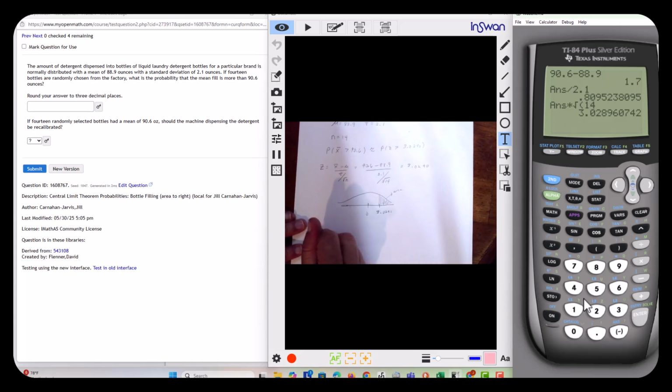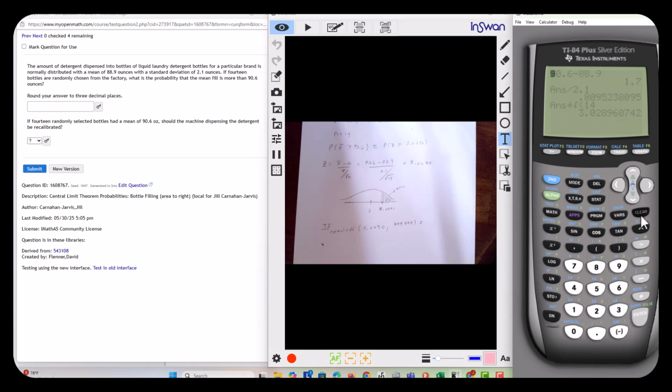We know on the TI, second, VARS, normal CDF. Since this is a left endpoint, 3.0290, comma, it's positive, so we're going to use positive 999. Let me clear all that.